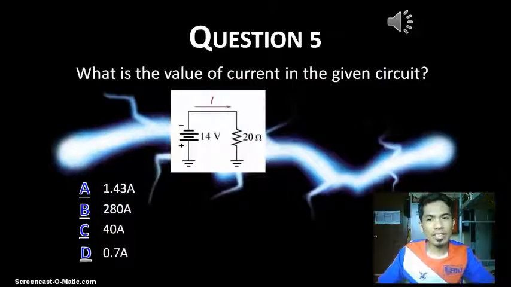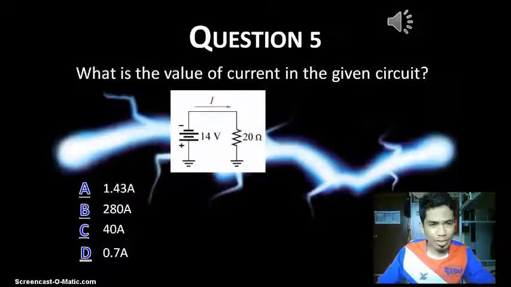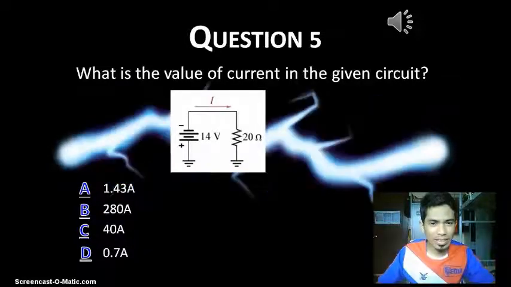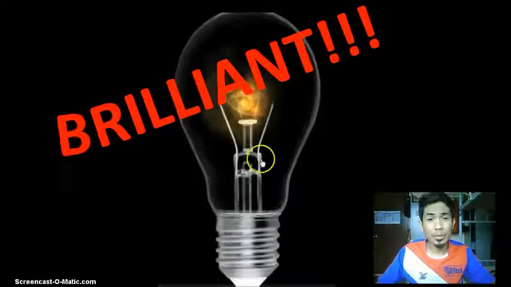What is the value of current in the given circuit? 14 divided by 20. The answer is 0.7. Good.